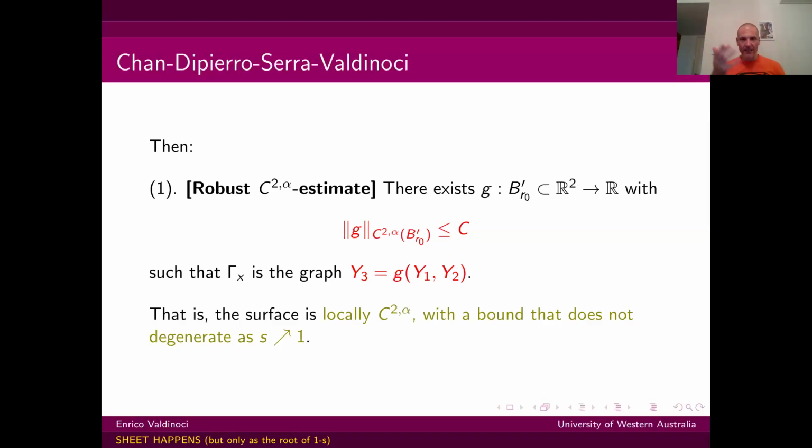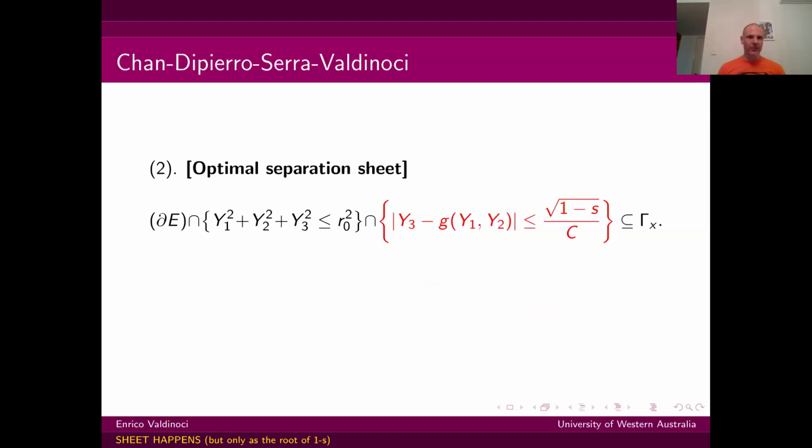So the surface is locally C2 alpha with a bound that does not degenerate as s goes to 1. And the other thing that I was telling you is the optimal separation of the sheets. If you look at the next layer, it is separated at least by the root of 1 minus s.